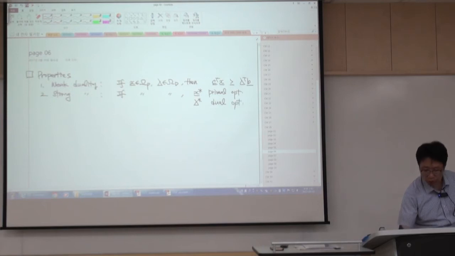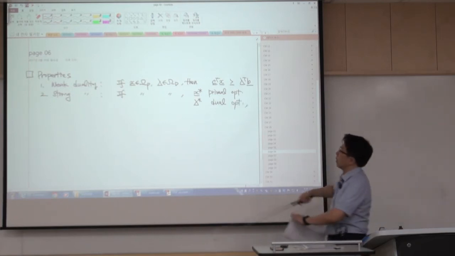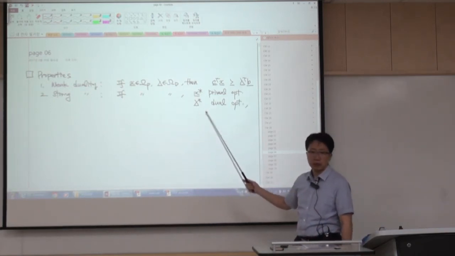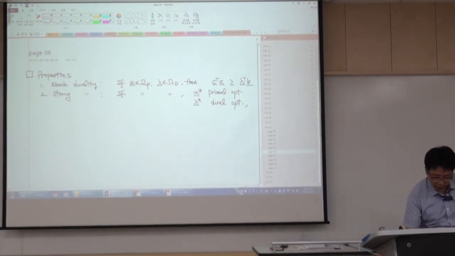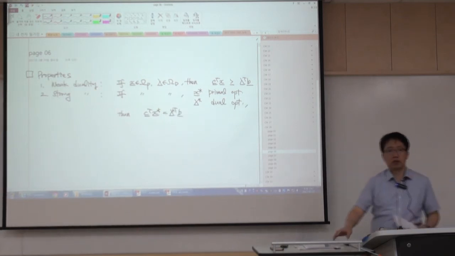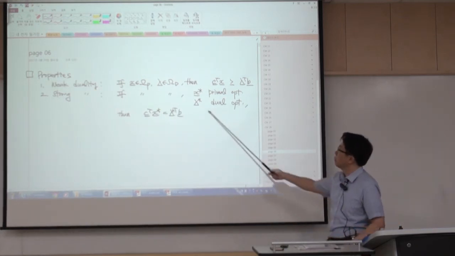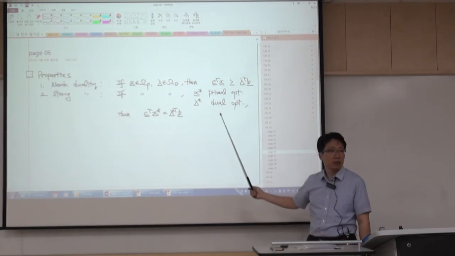As I told you, again, lambda could be nu in your asymmetric form. Then what you want to show is this one. Got it? So you have this additional assumption.